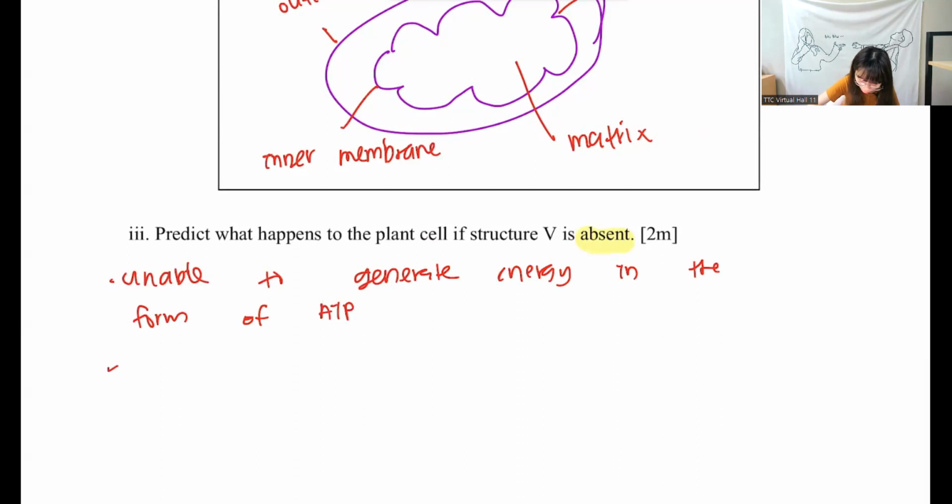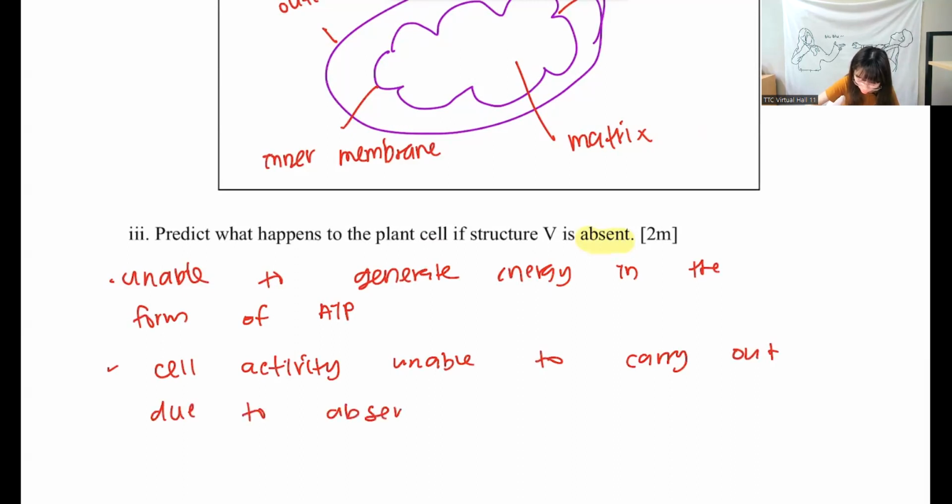Next, you can say that the cell activities are unable to carry out due to absence of mitochondria.